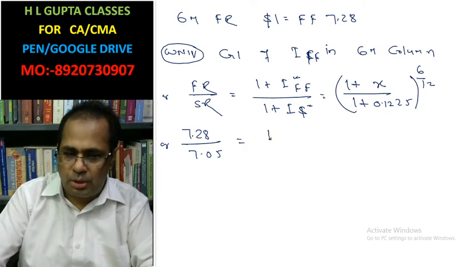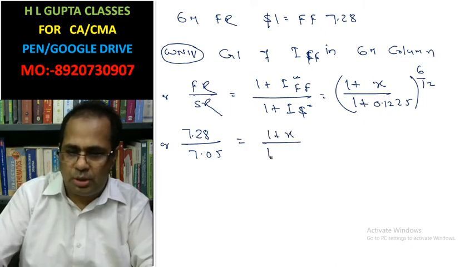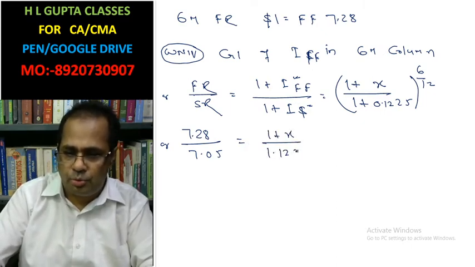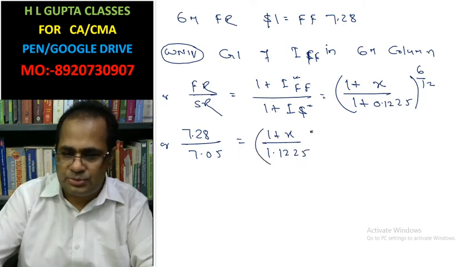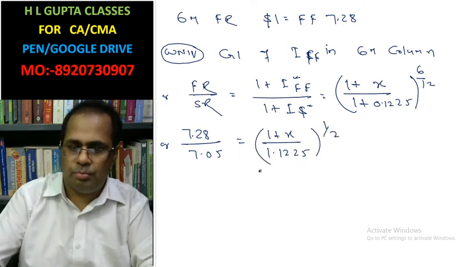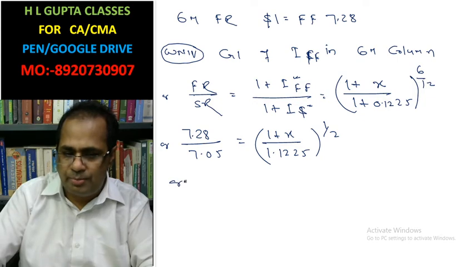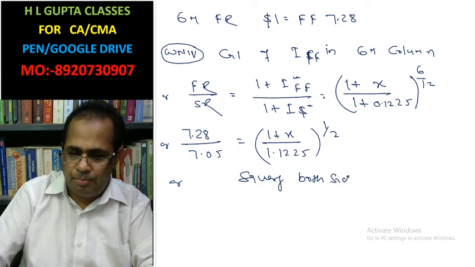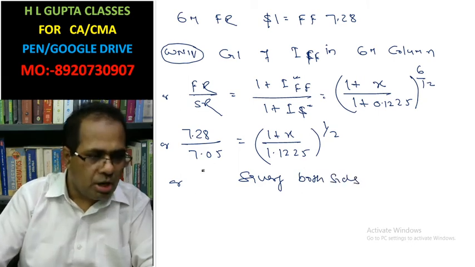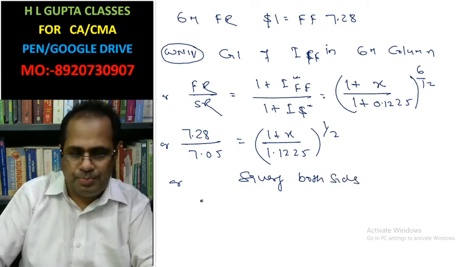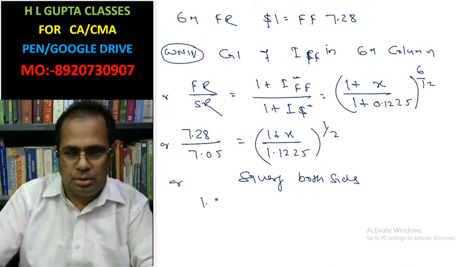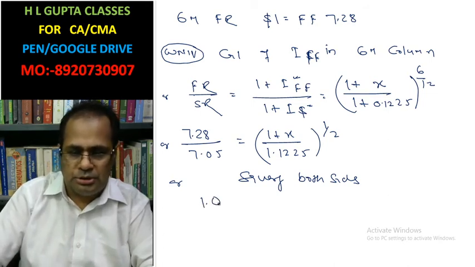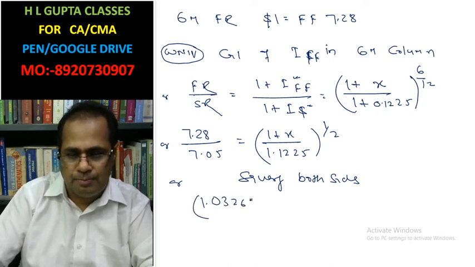This equals 1 plus X upon 1.1225, to the power 1 by 2. Squaring both sides, after dividing you will get 1.0326.